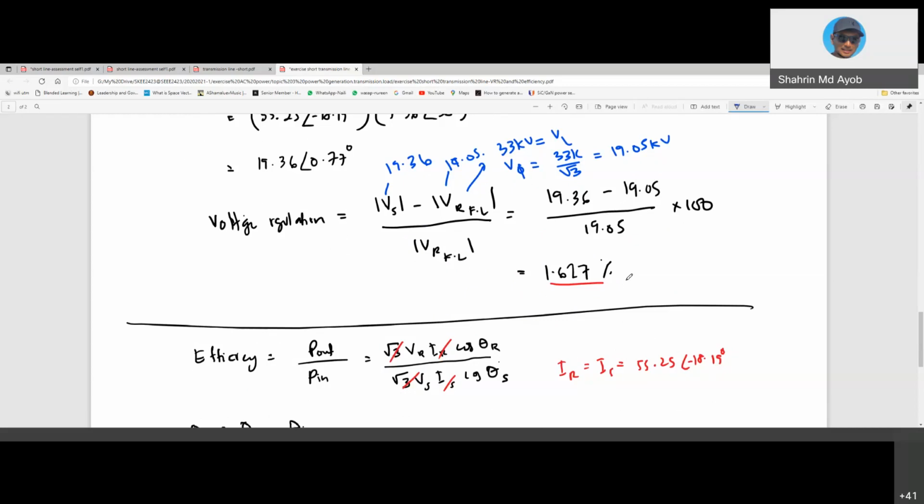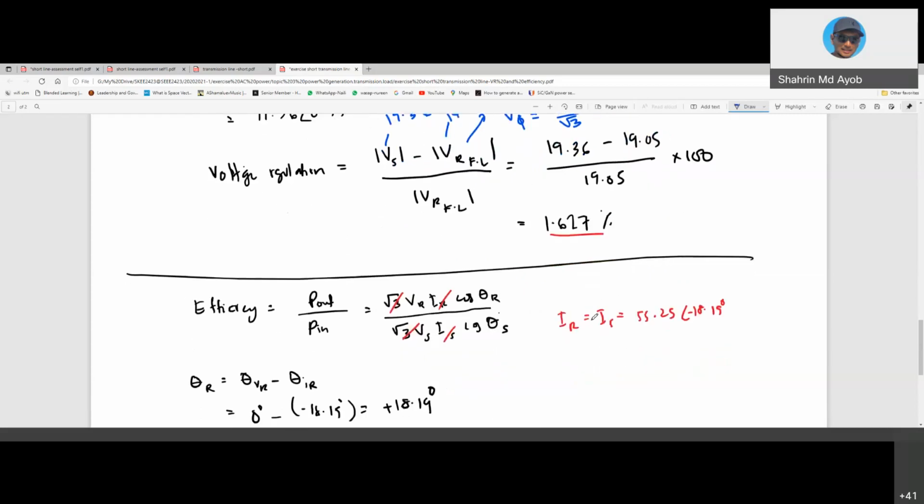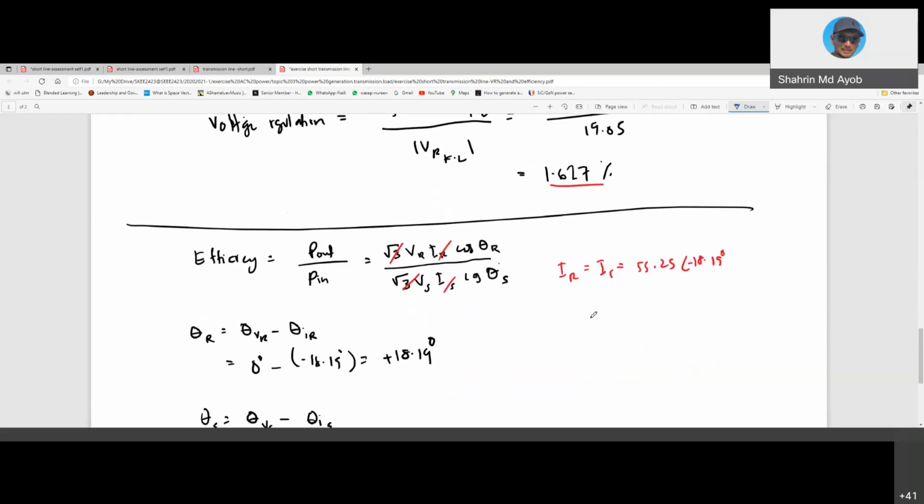The extra question is actually to get the efficiency. The general equation is very simple and straightforward: P out over P in. For the short line, there is no problem, because you just use the equation here.